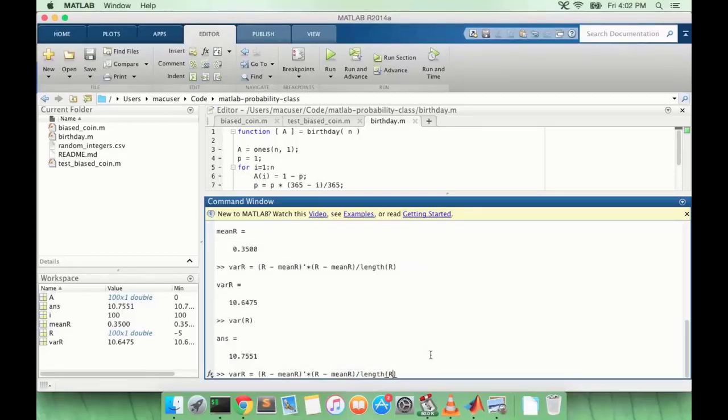One thing that comes up in statistics, which is a little bit outside of the scope of our discussion, is that if we divide, instead of by n, we divide by n minus 1, that gives us what we call an unbiased estimate of the variance. And so this gives us the exact value of MATLAB's version of var.